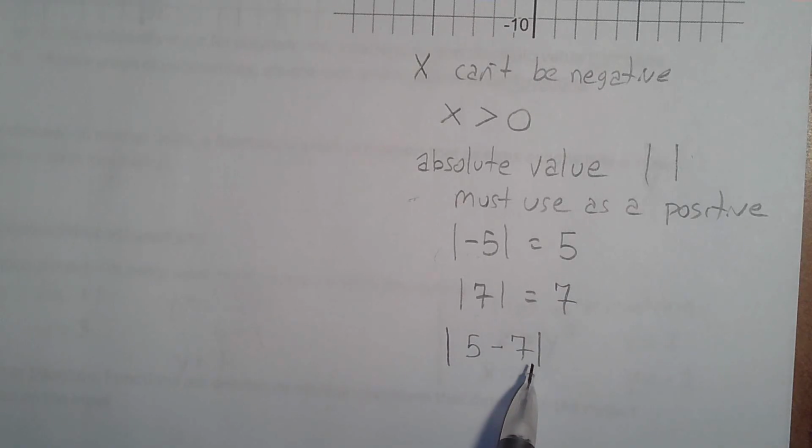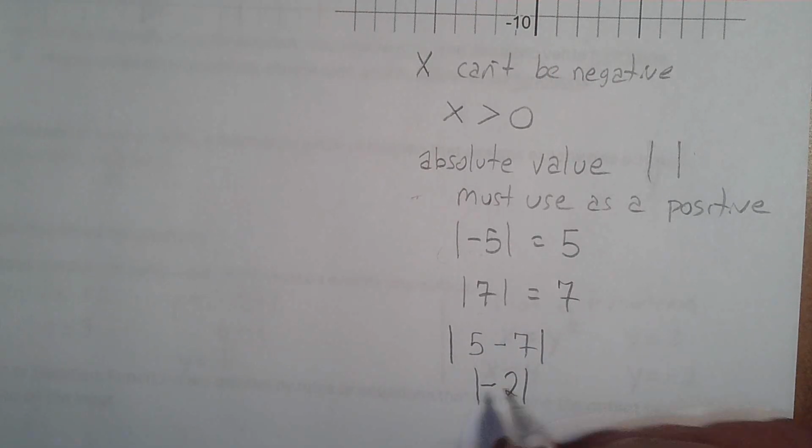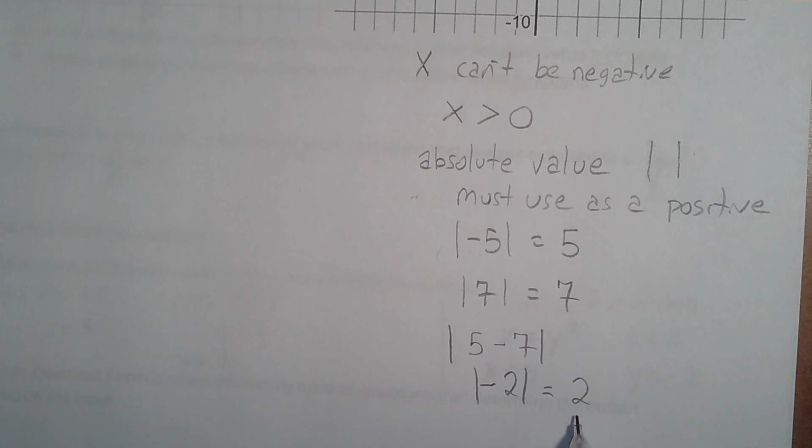We can't use the absolute value to cancel this subtraction right now because there's two different values. You're going to have to do the math first. So 5 minus 7, that's a war. Negatives win. 2 negatives would be left over. So we simplify this down to negative 2, a single value, and then our answer is 2. That's what we're going to do with our absolute values.